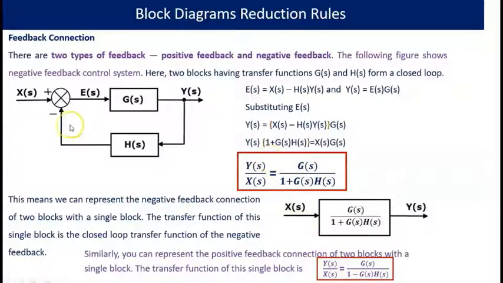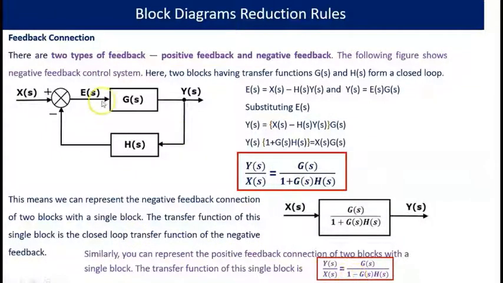This is for negative feedback. If it is a minus sign here, it is plus in the equation. If here it is a plus sign, then it will be minus in this equation. If it is a positive feedback connection, then Y(s)/X(s) is equal to G(s) divided by 1 - G(s)H(s). For negative feedback it is 1 plus, for positive feedback 1 minus.